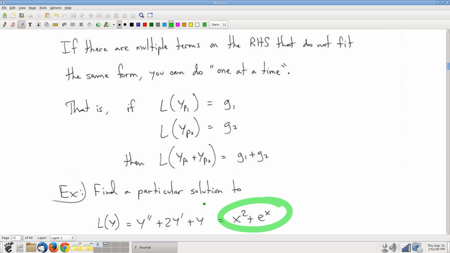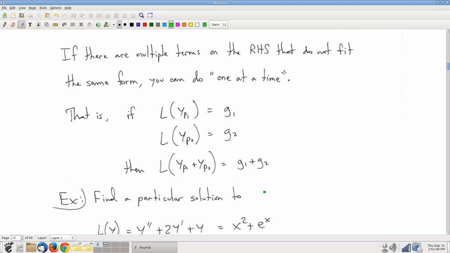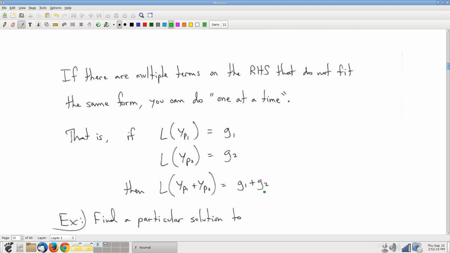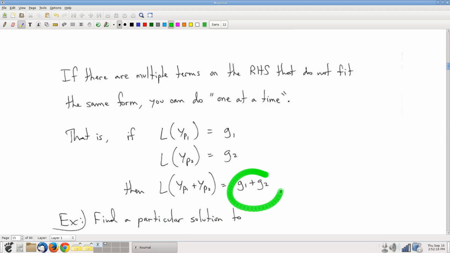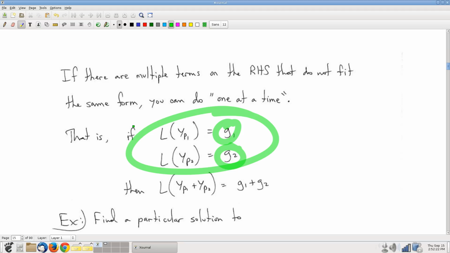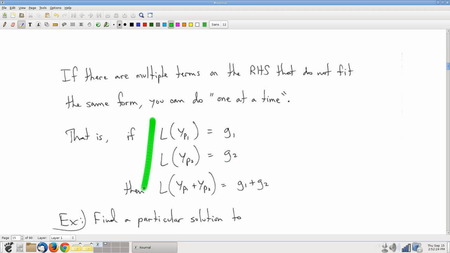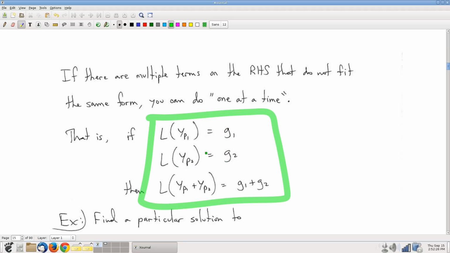Okay. Well, it turns out that you can deal with these terms one at a time, and it's a consequence of this observation here. Now, you'll note that all that's happened here is I've said, looking at your right-hand side, what if you were to take those terms one at a time and suppose you found individual particular solutions? And note that all I've done is write down how these, by applying linearity, give me that. This is just an observation of linearity.